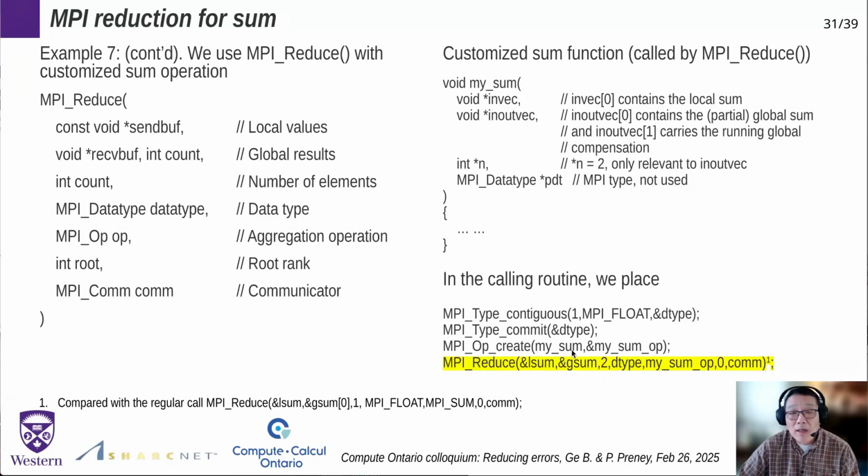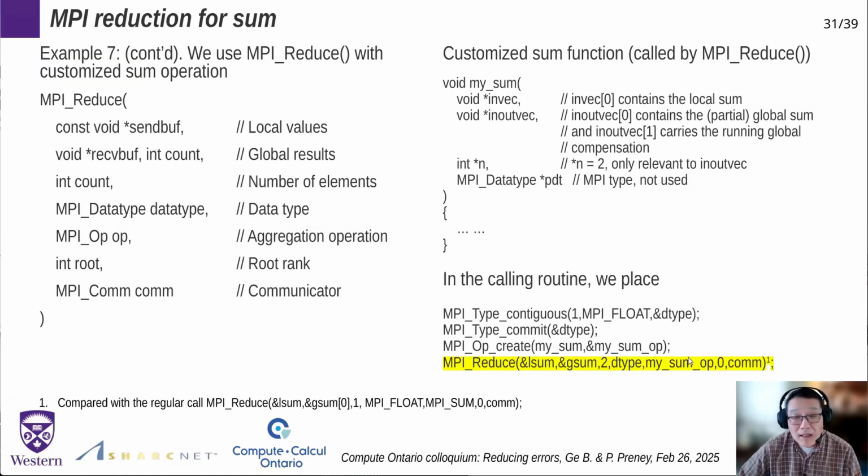It takes my function and returns a handle to the operator. Then I use this operator in MPI reduce, and I feed in the local sum and the global sum. This time the global sum takes two values: one is the aggregated value to be returned, and the second is the compensated term. It provides a way for me to add that compensated term and then get a result.